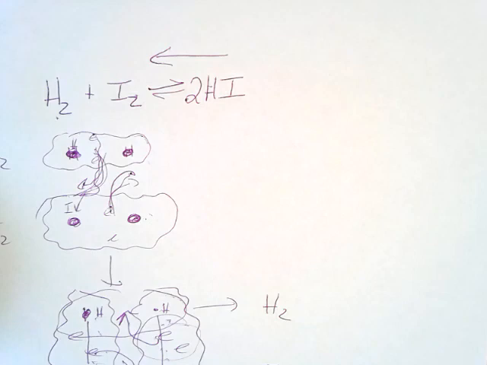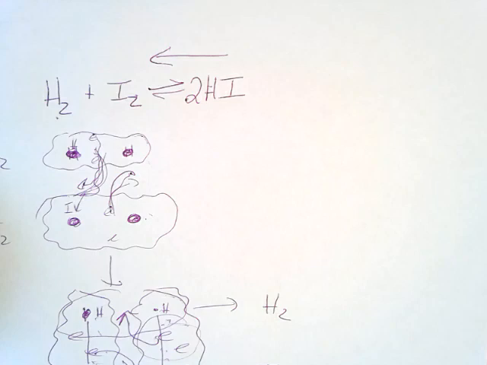Add some more H2, add some more I2 in your mind. Because you have more of those reactants, you get more collisions. So picture more collisions. As more collisions occur, the probability that they meet with the right orientation goes up.